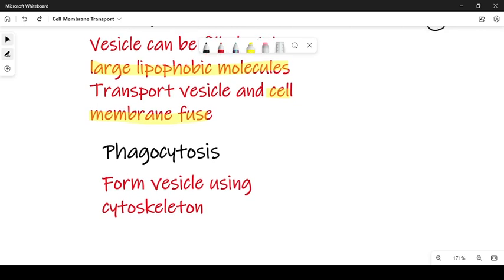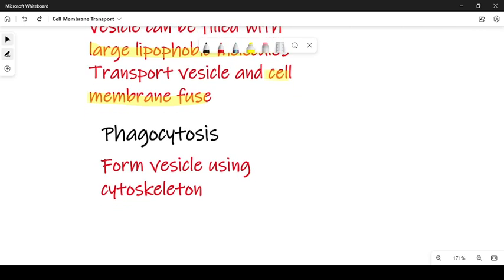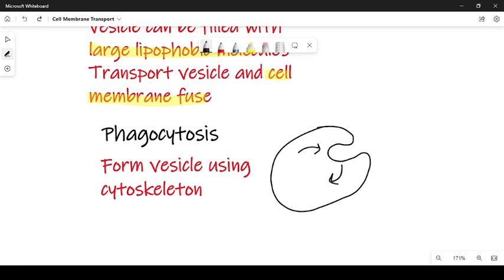Next we have phagocytosis. Phagocytosis forms a vesicle using a cytoskeleton. So endocytosis makes an indent on the cell membrane, while phagocytosis uses the cytoskeleton of the cell to make a vesicle.